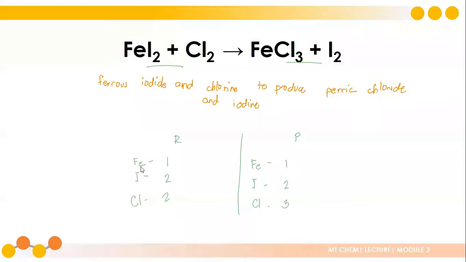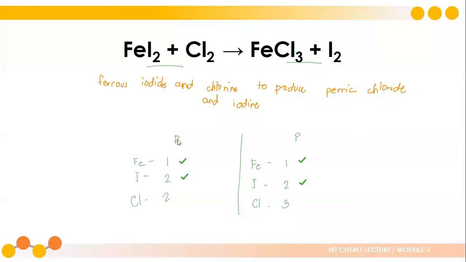Let's take a look at iron in both the reactant and the product side. Both of them have one atom. For iodine, both of them have two, but this is where it becomes unbalanced, at chlorine.